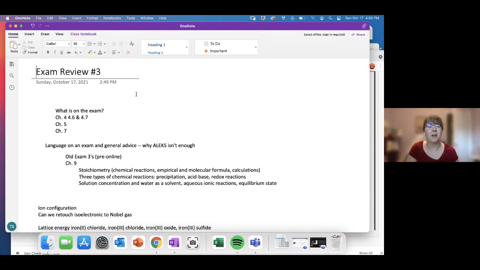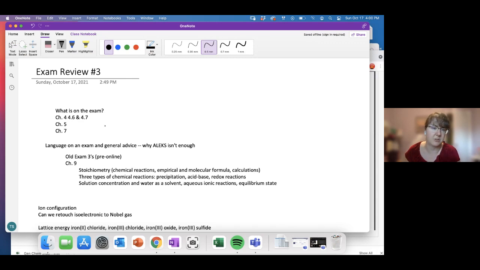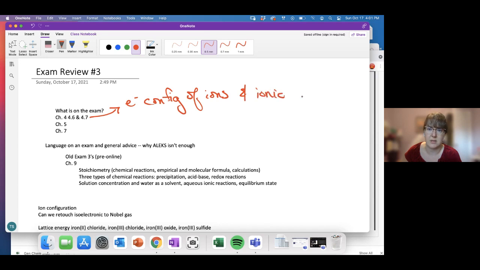So we're going to start off where we often start off, which is what is on the exam. So this is Exam 3. We're covering Chapter 4, 4.6, and 4.7. So these were things that had to do with the electron configuration of ions, which I've got some examples we'll talk about, of ions, and ionic radius.